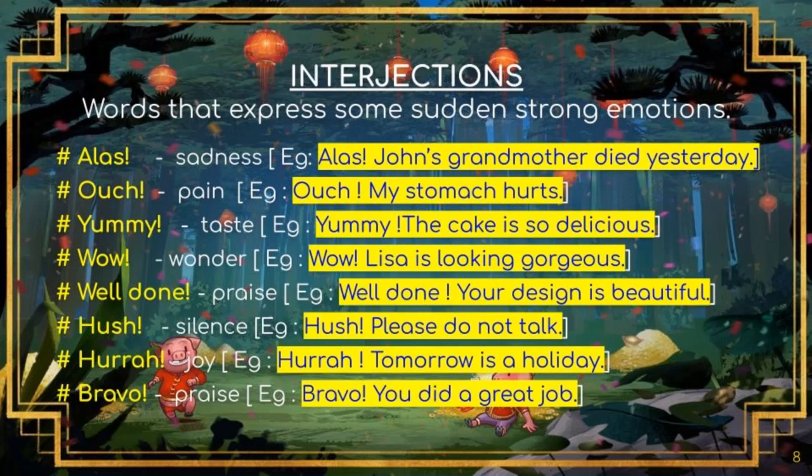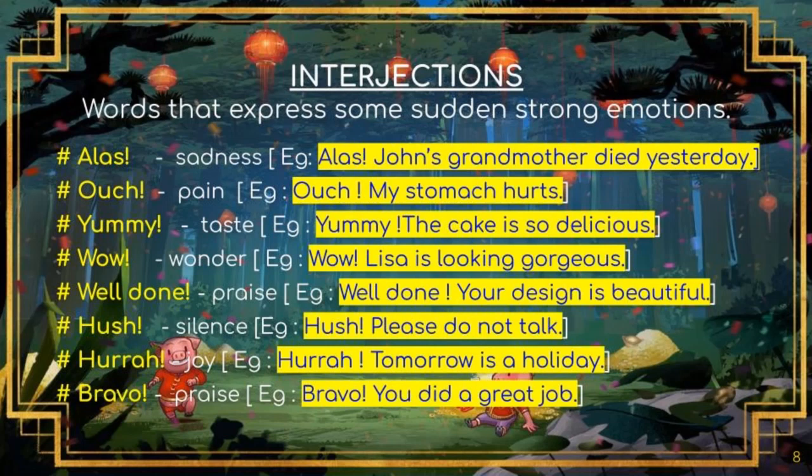Okay students, let us see the next one, that is hurrah. Hurrah is used to express joy or happiness. For example, Hurrah, tomorrow is a holiday! Let us see the last one, that is bravo. Students, the interjection bravo is also used to praise someone.